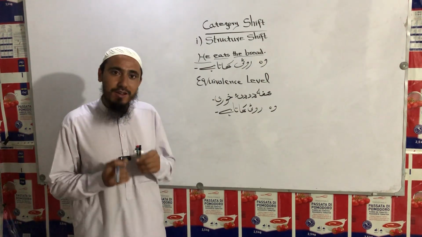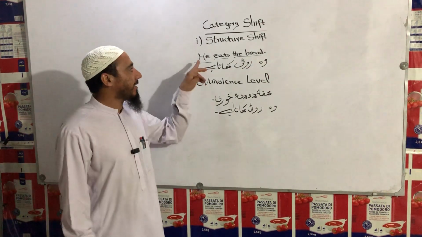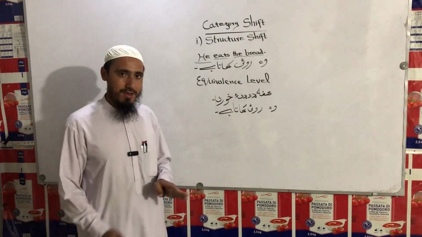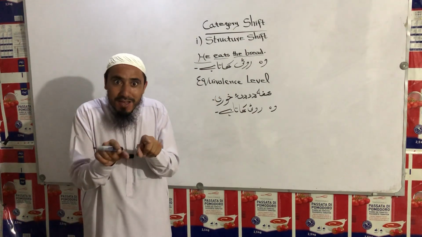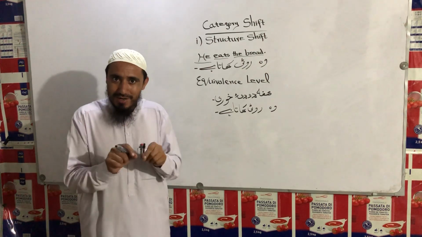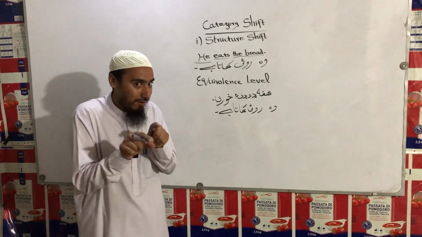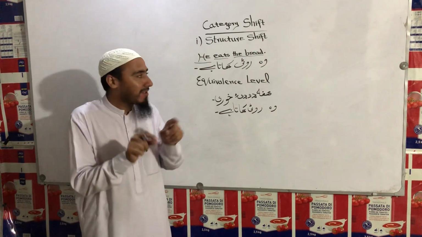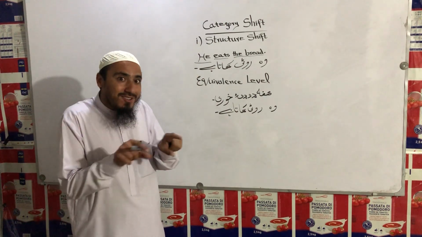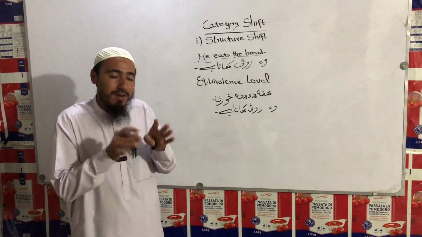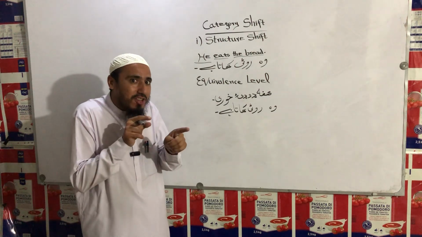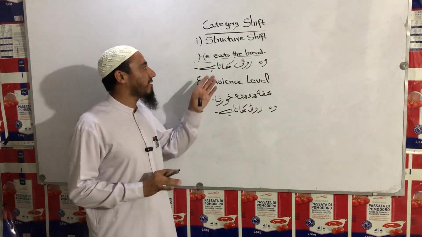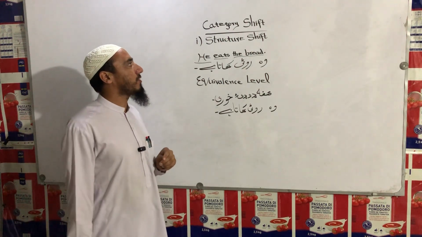However, when we translate this sentence into the Urdu language, Urdu and English do not have the same order. So if they do not have the same order, it means the order is changed. Yes, subject, verb, object are also there, but their order is changed. When this order is changed, this process is called structure shift.